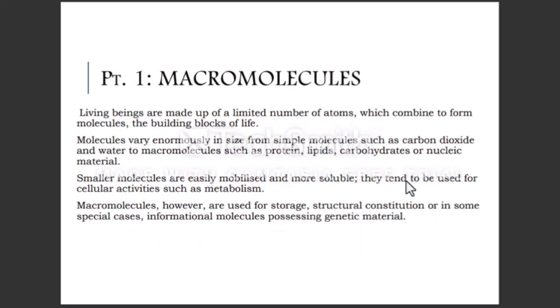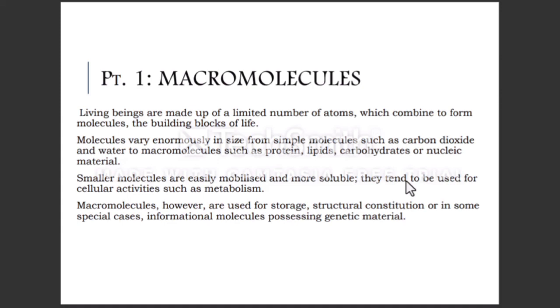So first of all, we have to note that living beings are always made up of a limited number of atoms which combine together to form molecules. So these molecules range from very little molecules like carbon dioxide, oxygen, water, to very huge molecules, like proteins, lipids, nucleic acids, and some carbohydrates.